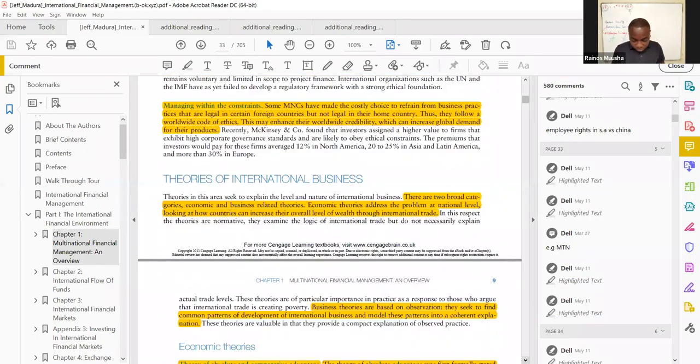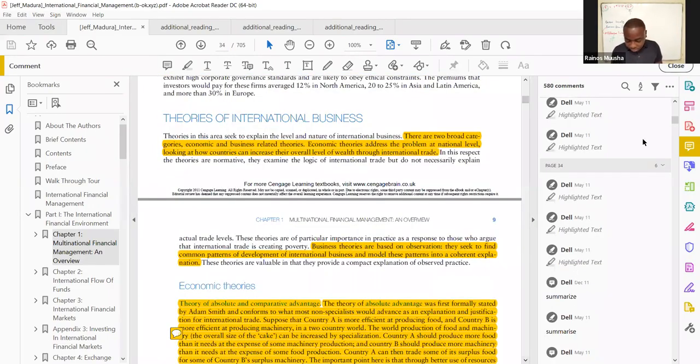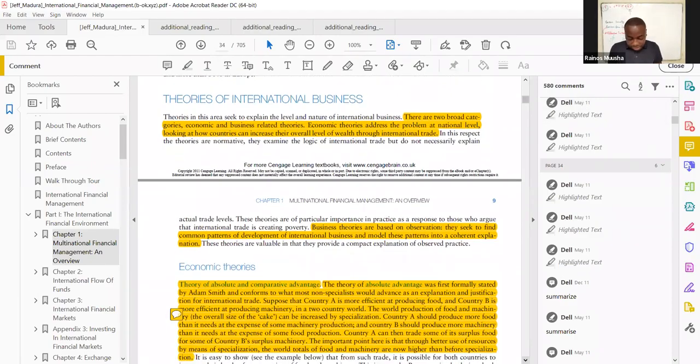Next, we look at theories of international business. Looking at theories of international business, they say there are two broad categories: economic and business-related theories.